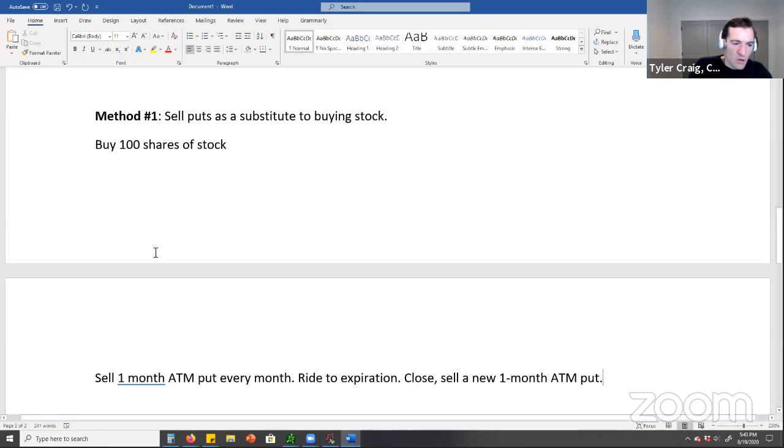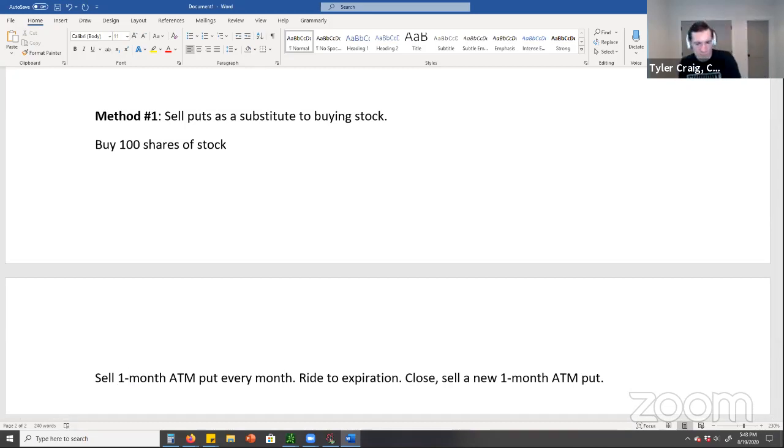Okay, so you're not really allowing assignment on this. You're just taking the loss on the put if it's in the money, and then you're selling a new one. If it's out of the money, you're buying it back for a penny or something and then selling a new one. You're going to get an equity curve. Your performance, in other words, is going to more mimic the behavior of stock.